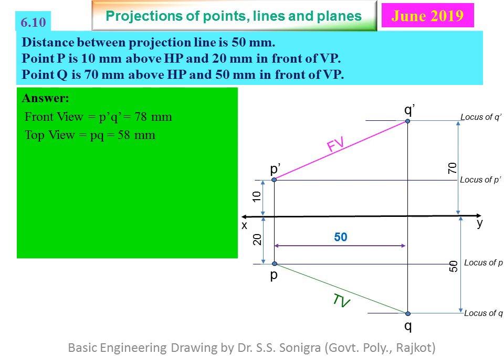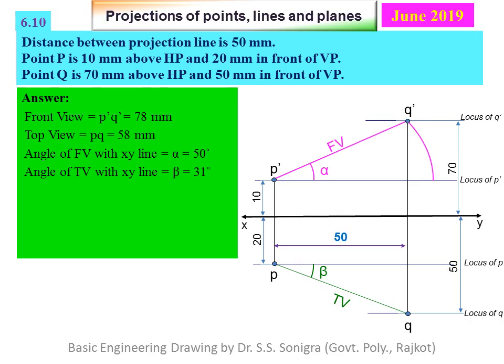Now draw the loci of points Q dash and Q, then measure the angle of the front view with the XY line, that is called alpha, which is equal to 50 degrees, and measure the angle beta, the angle of the top view with the XY line, that is equal to 31 degrees.